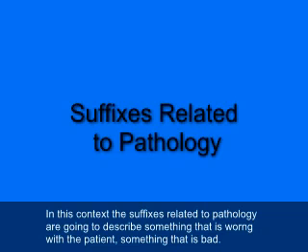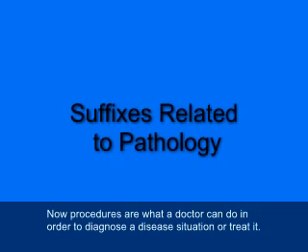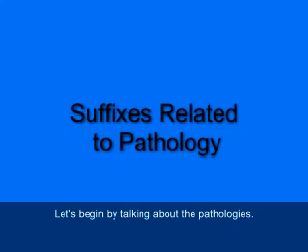In this context, the suffixes related to pathology are going to describe something that is wrong with a patient, something that's bad. Now, procedures are what a doctor can do in order to diagnose a disease situation or to treat it. Let's begin by talking about the pathologies.